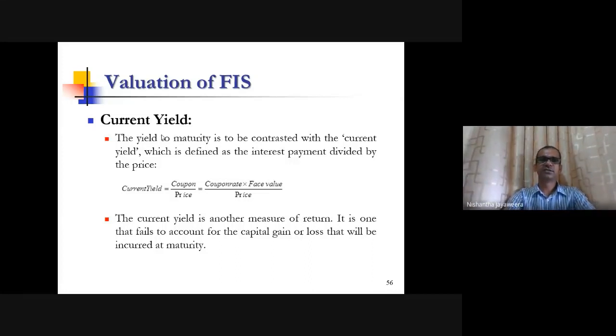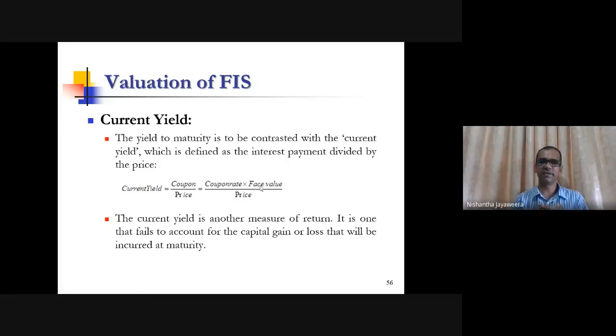It's the coupon amount for a year divided by the price that you pay. That's why it says coupon rate times face value. It isn't adjusted for coupon frequency. It's the coupon amount for the whole year divided by price. It is called the current yield.